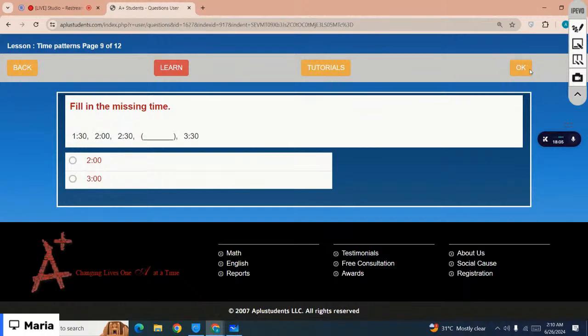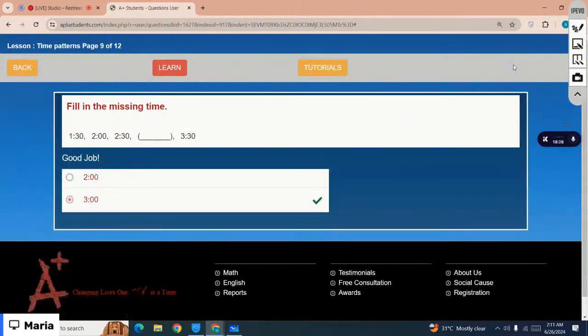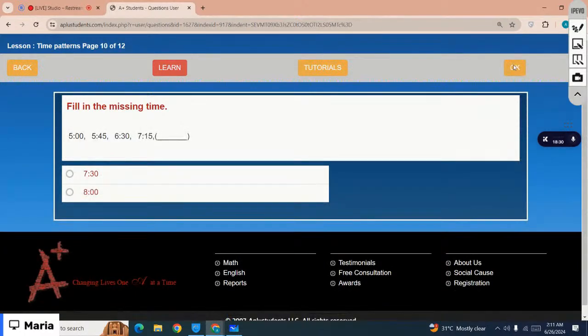Fill in the missing time. Which time is missing? 1:30 to 2:30. The next one is, yes, 3. The missing time is 3. Option number 2 is the correct option. Fill in the missing time. 5, 5:45, 6:30, 7:15.